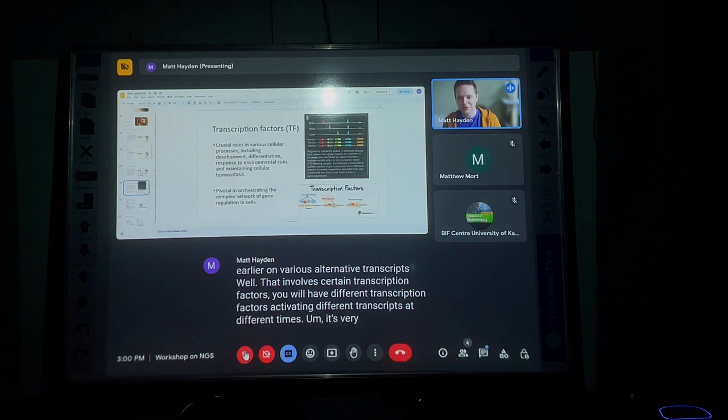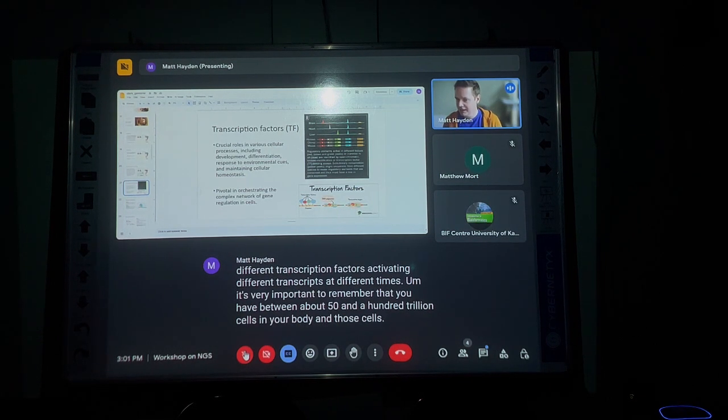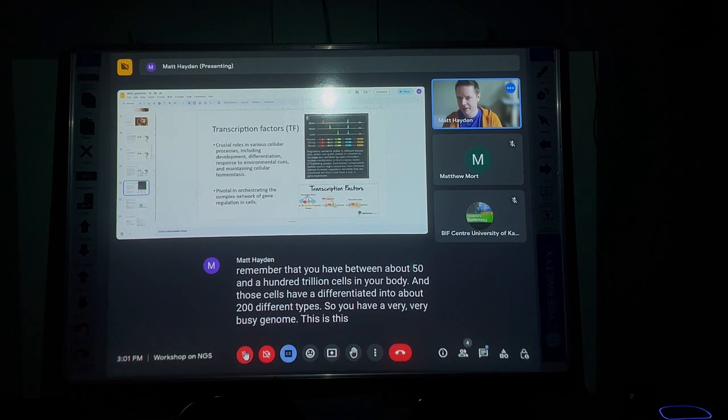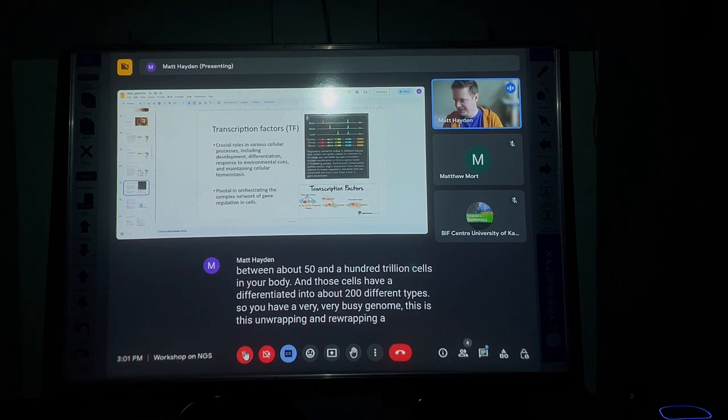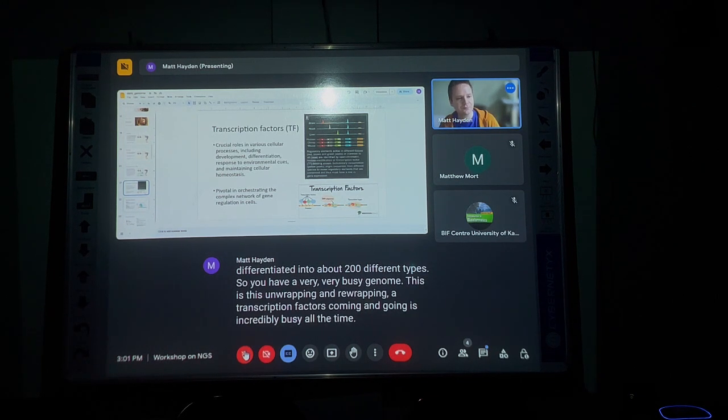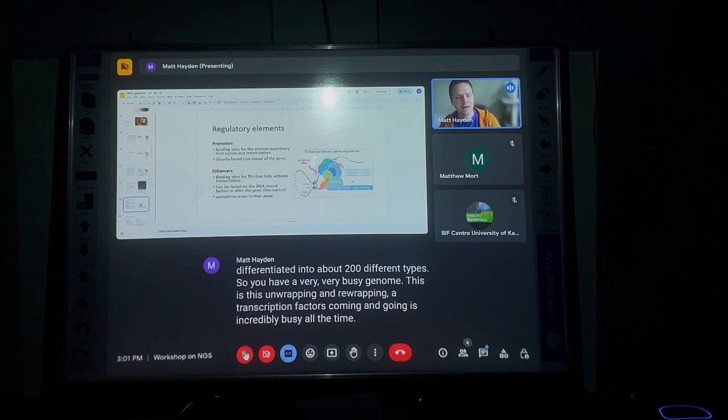It's very important to remember that you have between about 50 and 100 trillion cells in your body, and those cells are differentiated into about 200 different types. So you have a very, very busy genome. This is unwrapping, rewrapping, transcription factors coming and going. It's incredibly busy all the time.